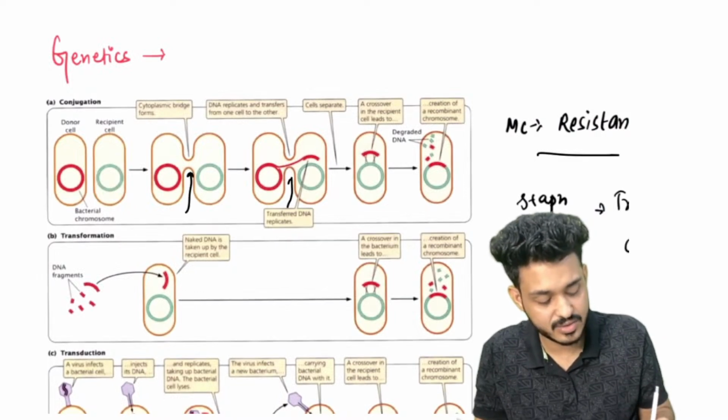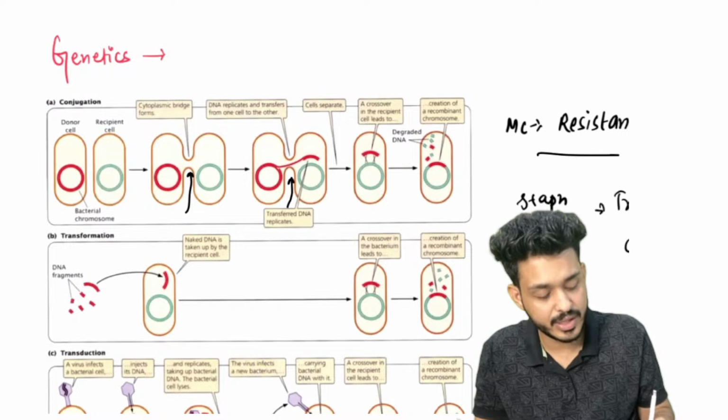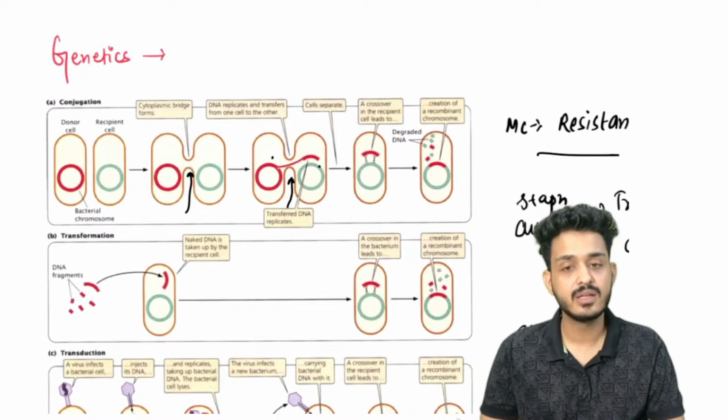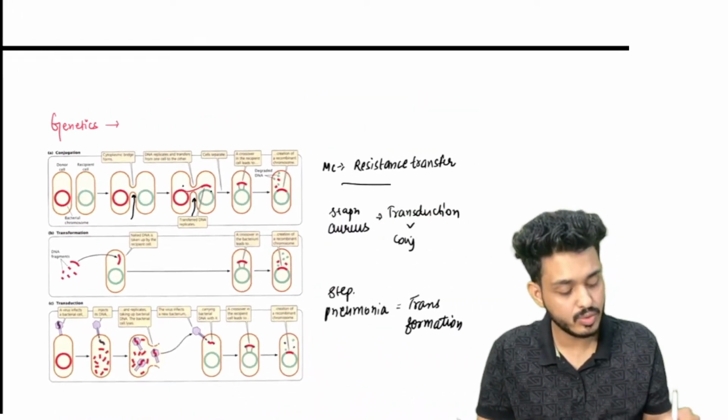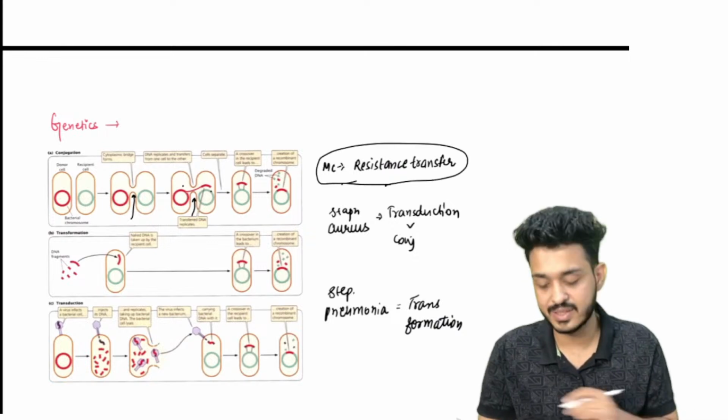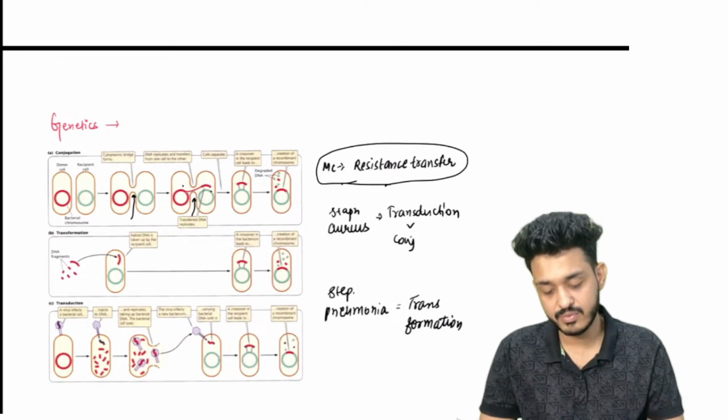Look here, this is the sex cord. The information is going from one cell to another via the sex cord, and this is the most common method of resistance transfer.